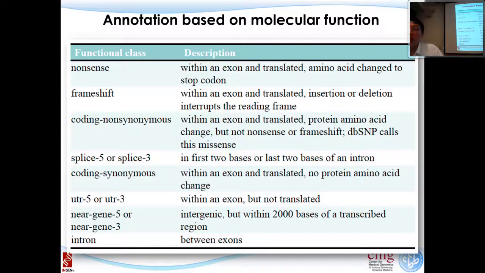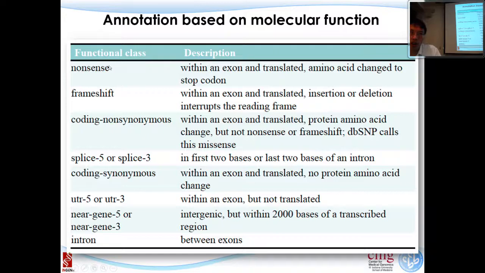And there is also a very strong effort to look at these variants based on molecular functions. Some of them are nonsense variants, meaning that they're within an exon and the translated amino acid changes to a stop codon. So by the end of the day, if such a variant happens, you will have a truncated protein, or you will have a much lower expressed gene, because that could trigger the nonsense-mediated decay pathway to kill the RNA molecule.